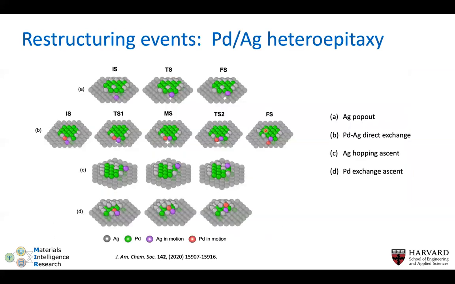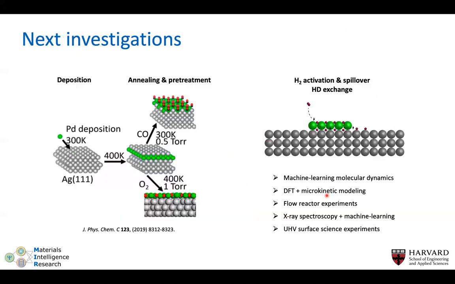Using the algorithm we proposed earlier, we were able to identify 4 main types of restructuring events that were responsible for this phenomenon. And these were in very good agreement with the 7 main classes that we established in our previous study, focusing on single atom palladium in silver.